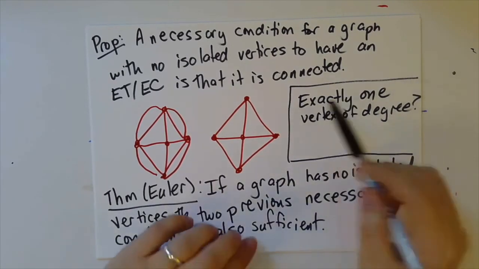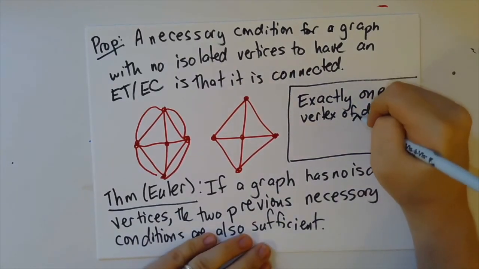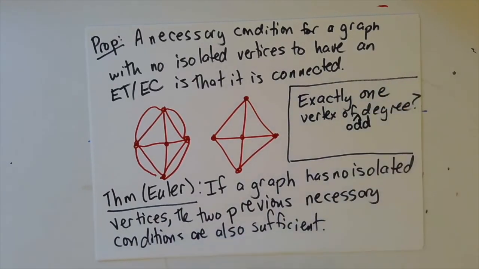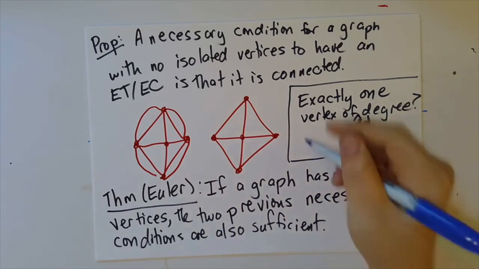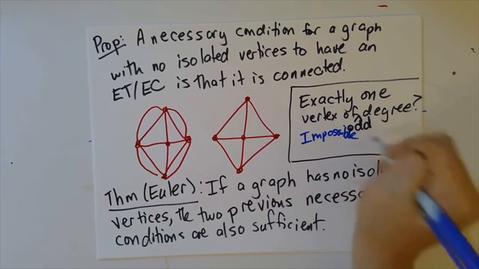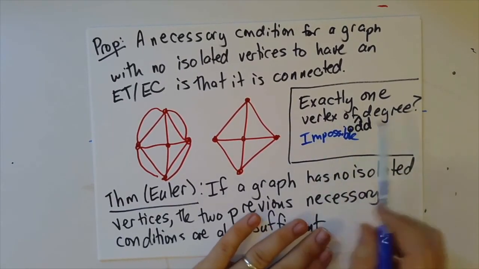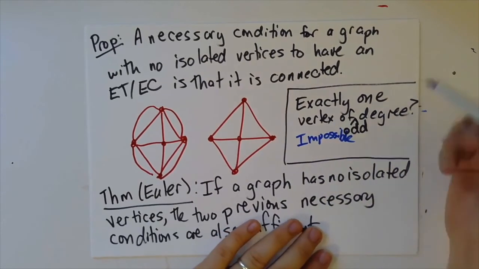But what if there's exactly one vertex of odd degree? Then what happens? Well, as it would happen, this is impossible. Not just impossible for there to be an Eulerian trail. It's literally impossible to make a graph with exactly one vertex of odd degree.